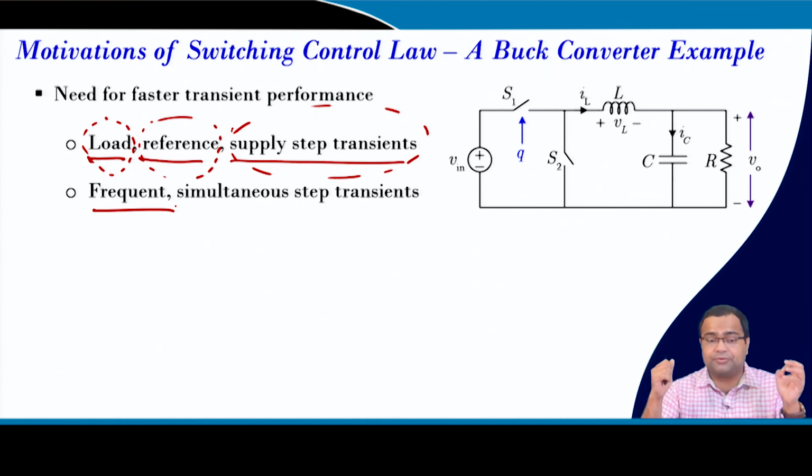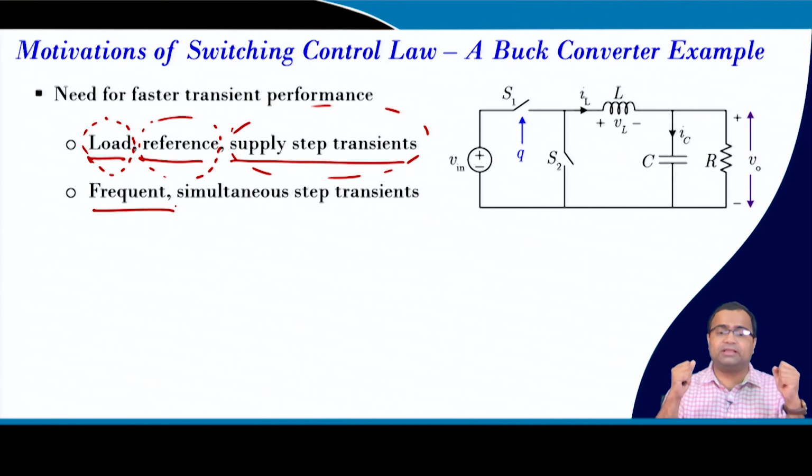They can even go very close to the switching frequency just to check whether the converter survives or not. But the converter cannot respond beyond a certain frequency of the load transient, and control plays a significant role in how fast a load transient we can cope with using the converter.